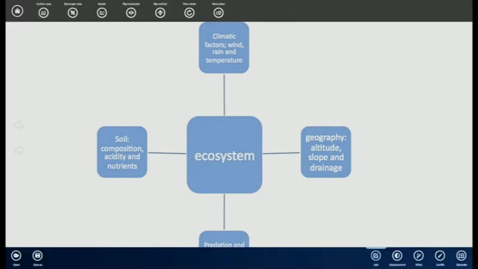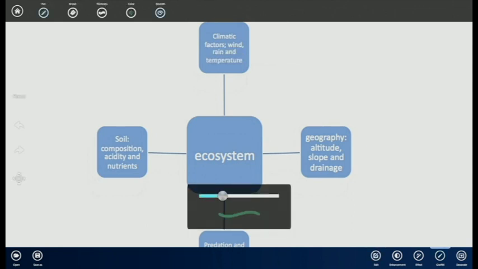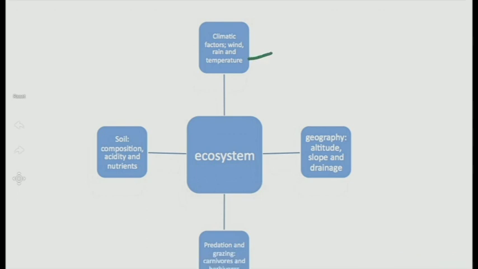The different things we have mentioned. So we have said what affects is the climate, geography, the soil composition. We also talk of predation. All these are factors that affect the ecosystem for balance of what we find in a natural environment.